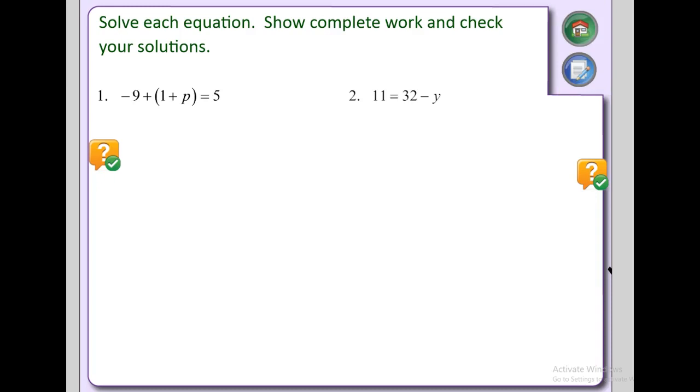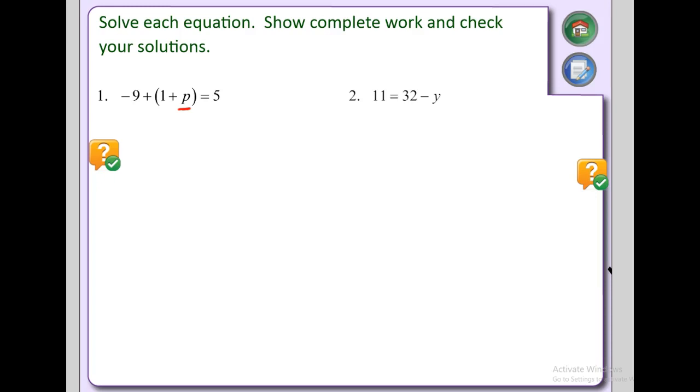Let's go ahead and everybody copy down in your notes problem number 1. When I look at number 1, we need to isolate the variable. What is the variable? Yes, the variable is P. We need to get P alone. So what should we do first? Most would say, hey, Miss Burton, parentheses, do me first. But when I look in the parentheses, there's a variable in there, so there's really nothing in the parentheses for me to do first.